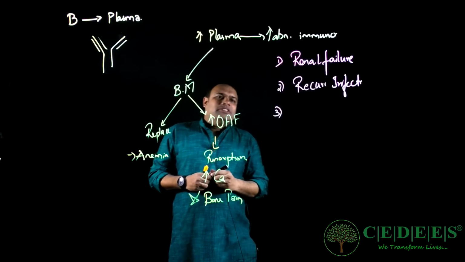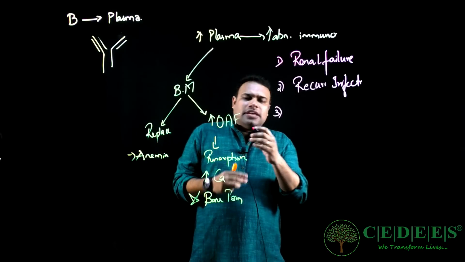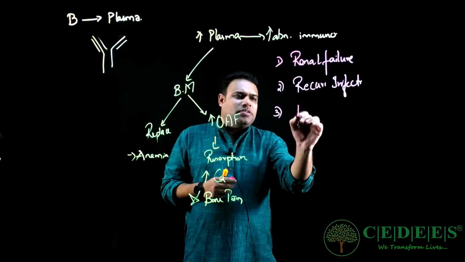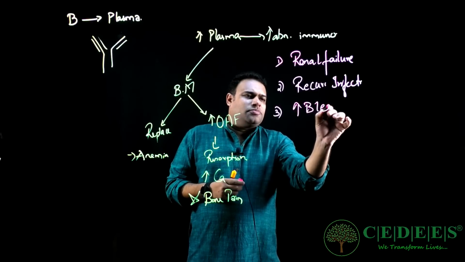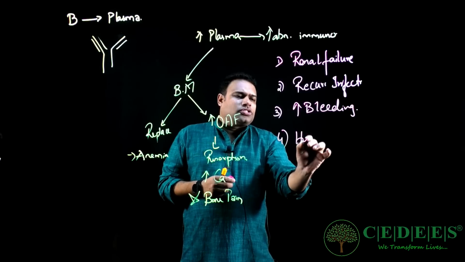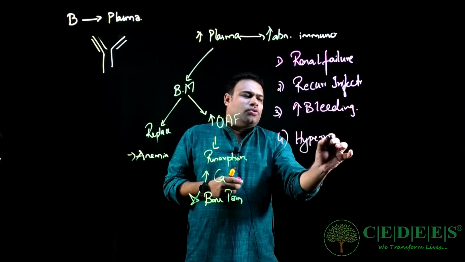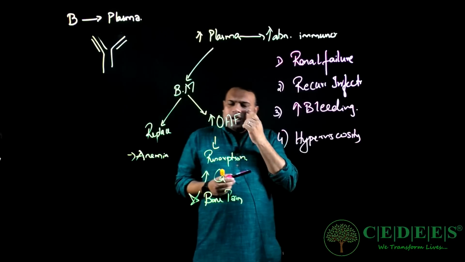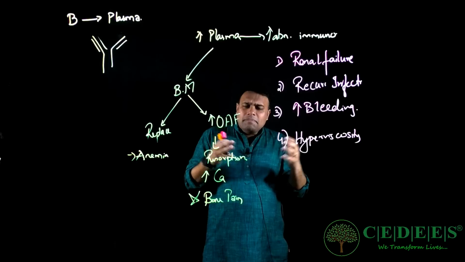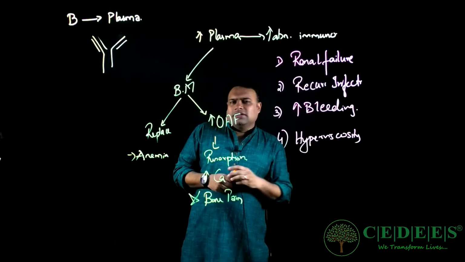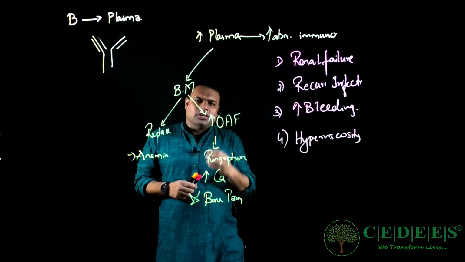Okay. Now what happens here is these M proteins can clump around your platelets, and there could be increased bleeding in some of these patients of multiple myeloma. There is also what is called hyperviscosity syndrome. Hyperviscosity syndrome is basically a clumping of all these immunoglobulins again, and patients can land up with neurological symptoms like confusion, dizziness.